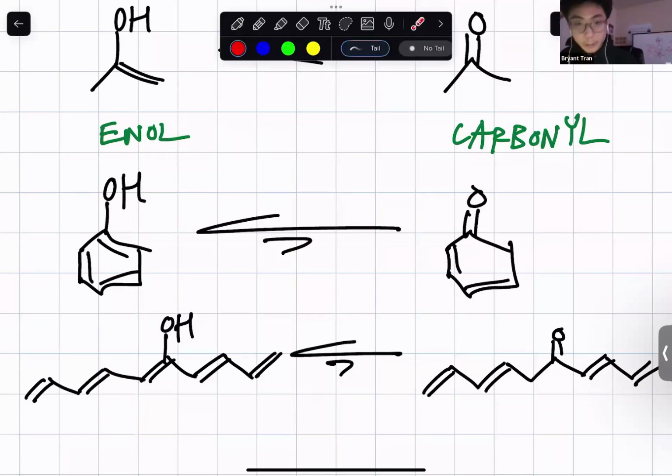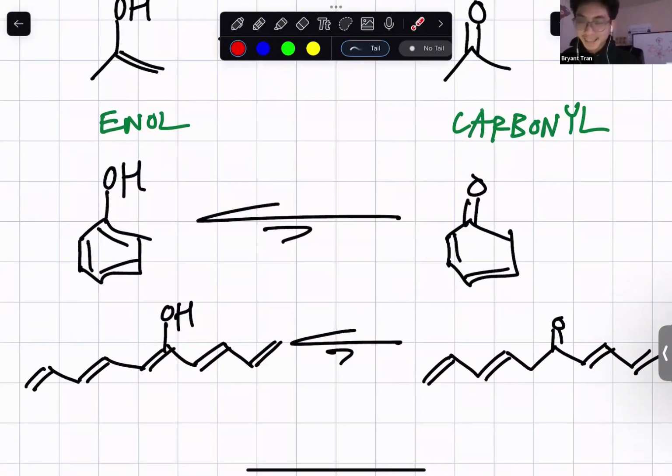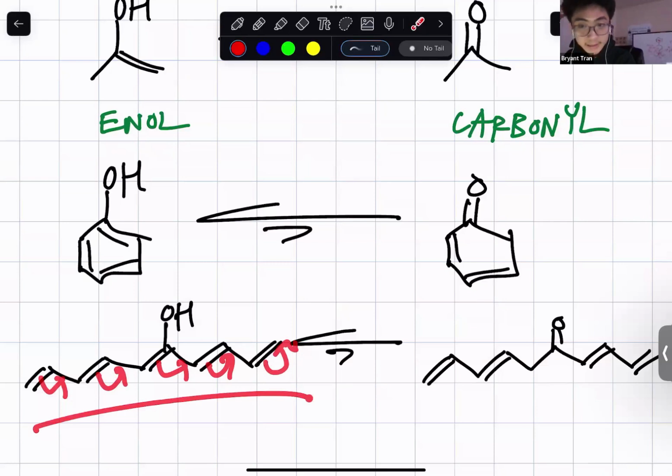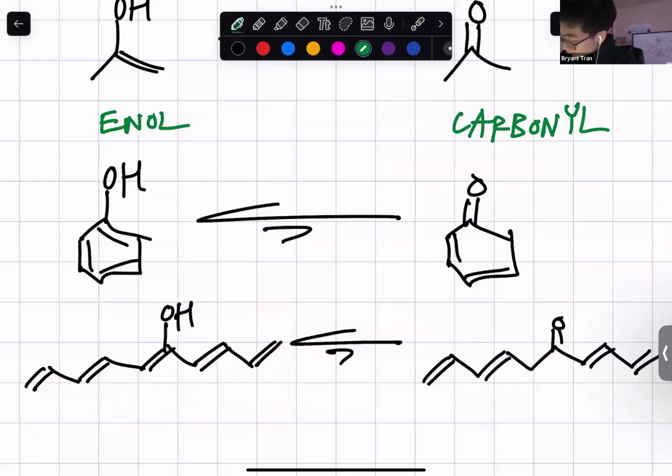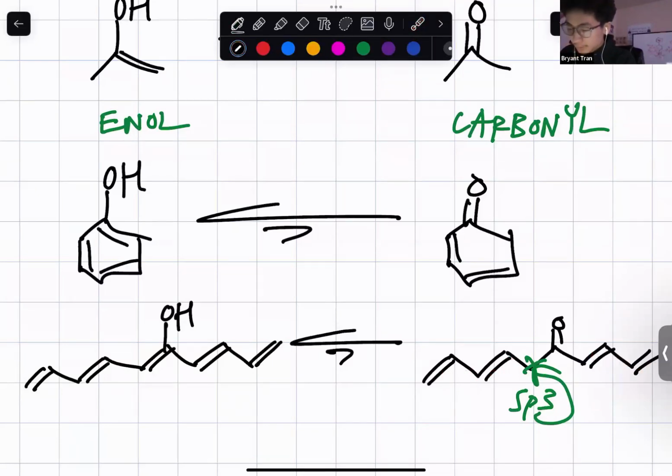The reason why is that in this enol form it's more conjugated, because there's more resonance going on in the conjugated system. But in this carbonyl form right here, there's an sp3 roadblock blocking resonance. So this system is no longer fully conjugated. It can no longer do resonance like that.